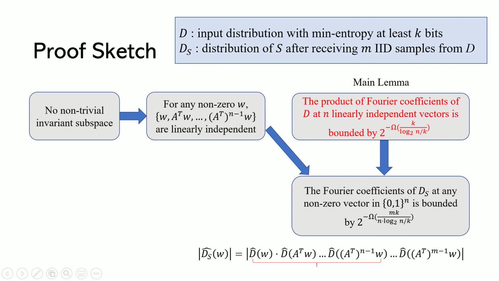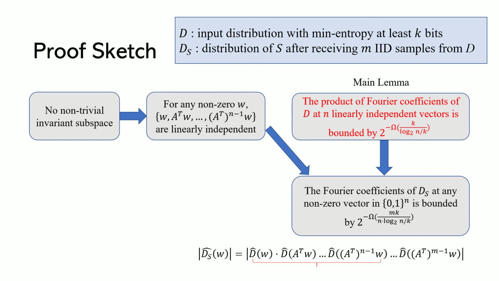Recall that the Fourier coefficient of ds at a non-zero vector W after m RID samples is a product of m Fourier coefficients of D. We can divide this large product into small segments of consecutive products of length n. We can easily verify every segment is a product of Fourier coefficients of D at n linearly independent vectors.